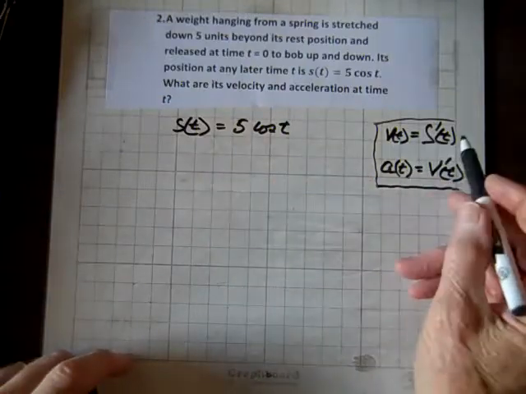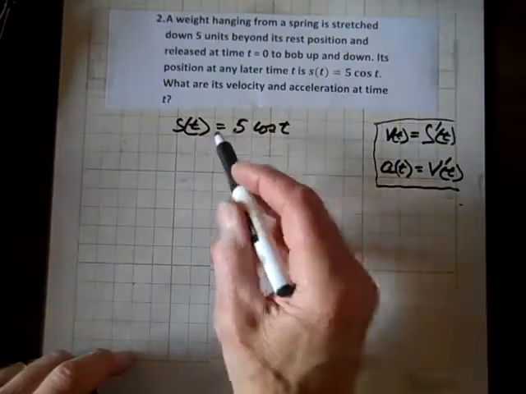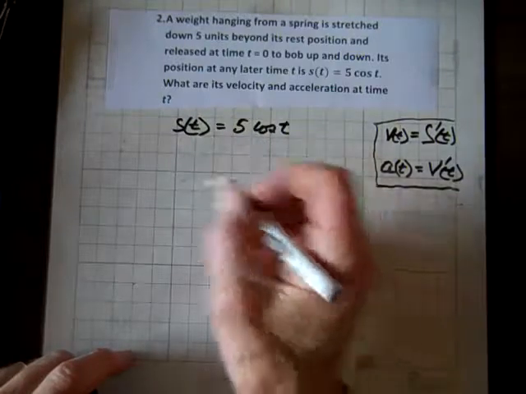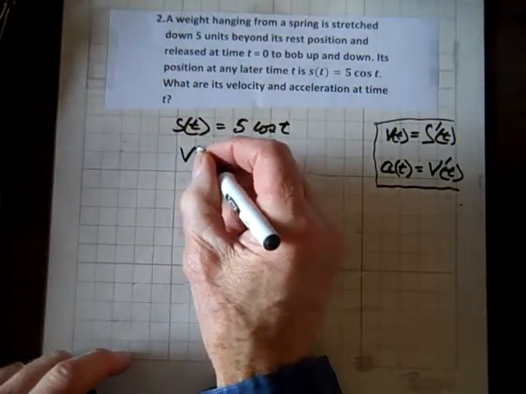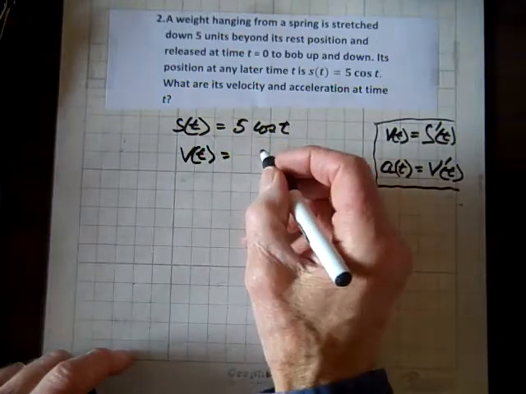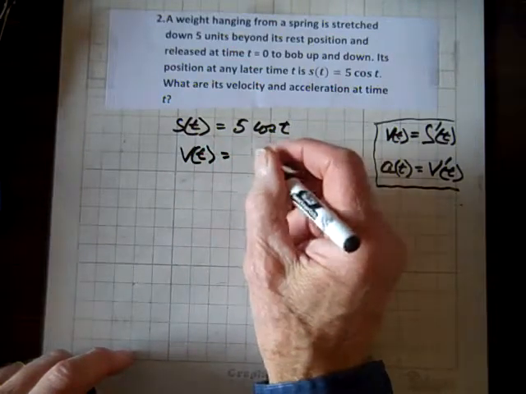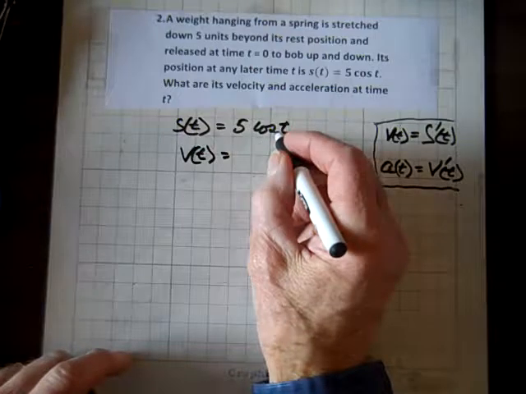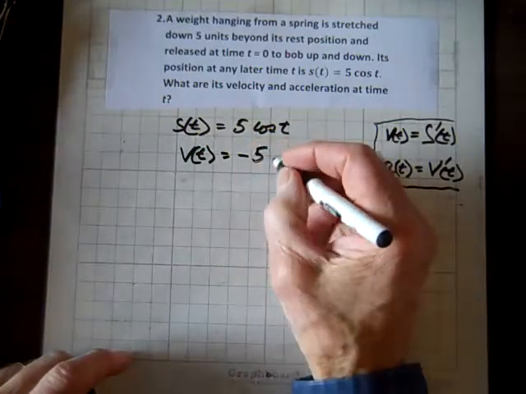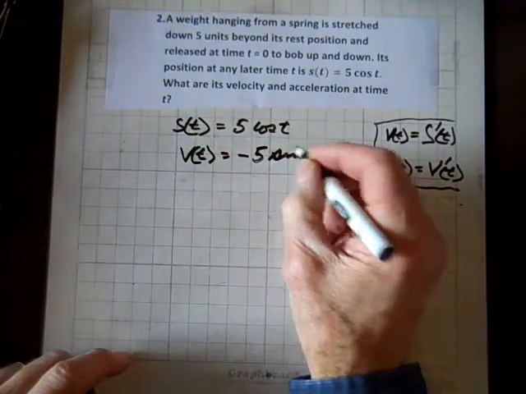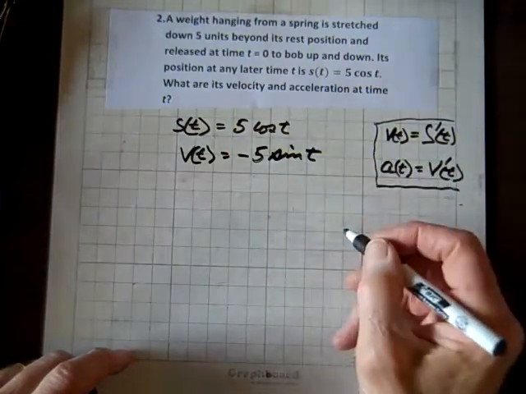So the velocity is just the derivative of the distance. So v of t equals, and finding this derivative, we get minus, because the derivative of cosine of t is minus sine t, minus 5 sine t.